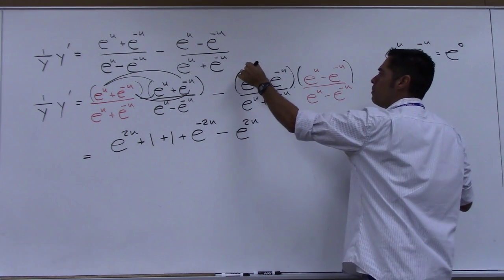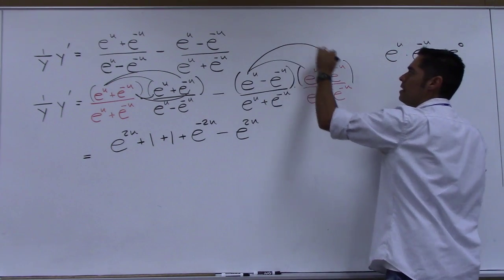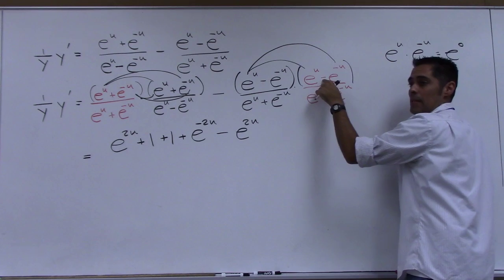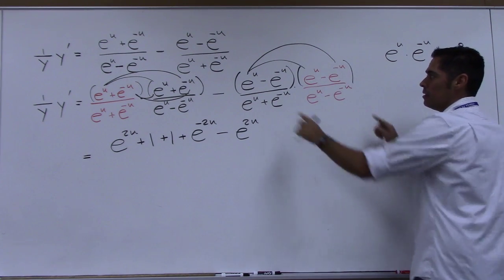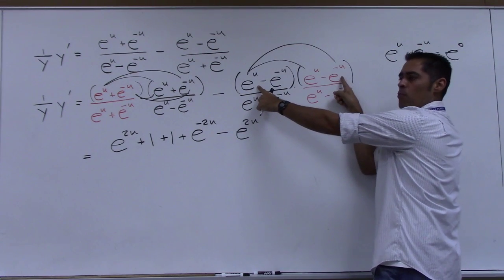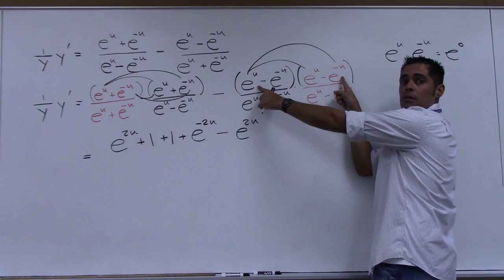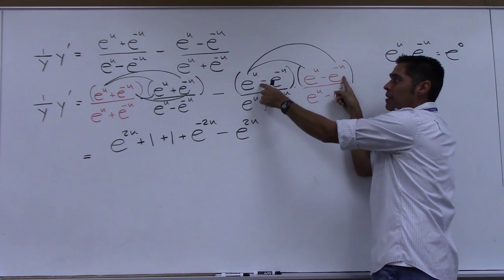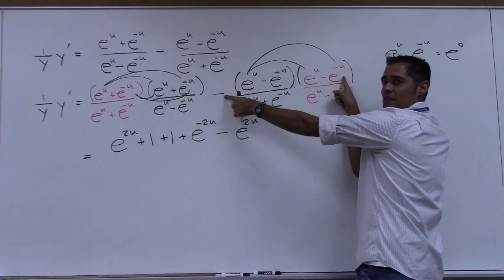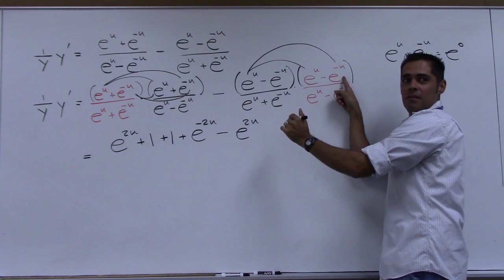What do I get when I multiply e^u times negative e^(-u)? That'll be negative 1, won't it? Because this times this is 1, but then it's negative. So negative 1, but then I'm doing what? Subtracting, so it's plus 1.